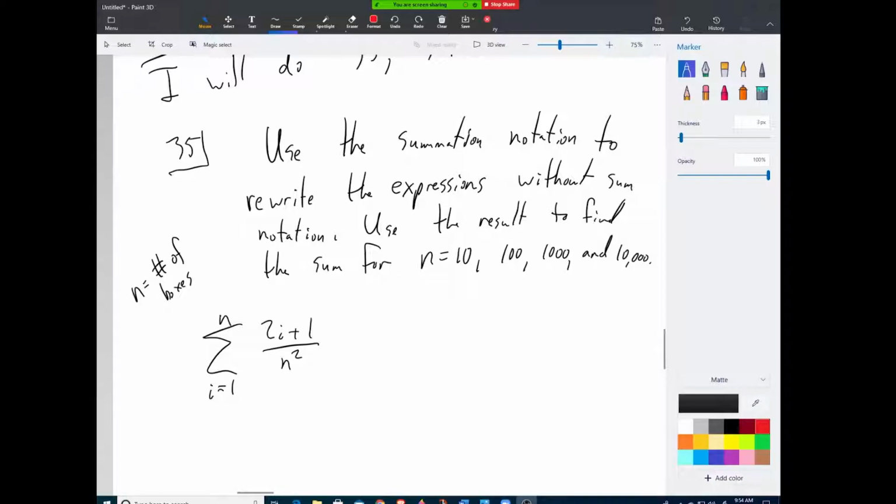So this is just practice using that summation notation, those 4 rules that I gave you last time in your book.